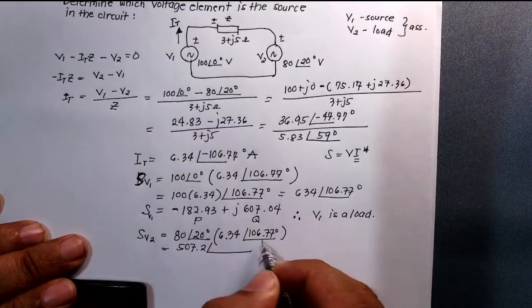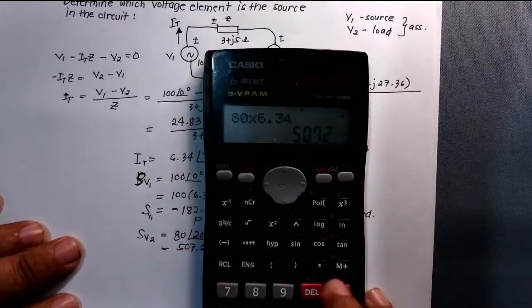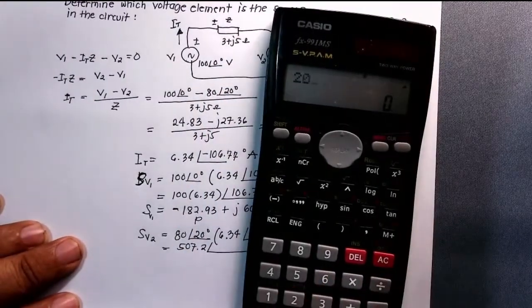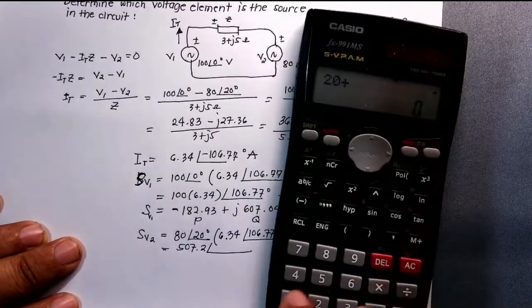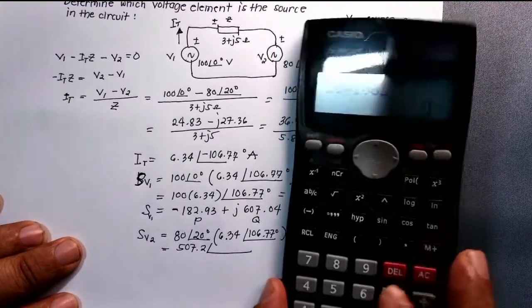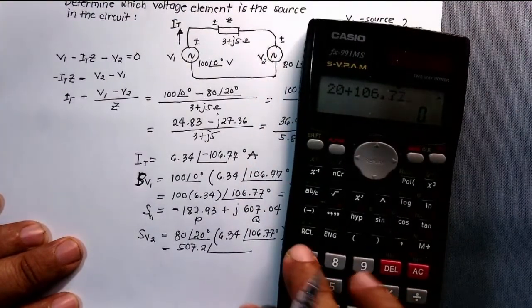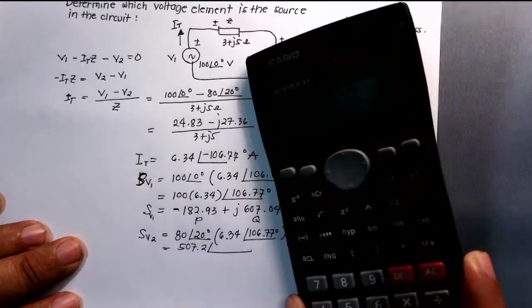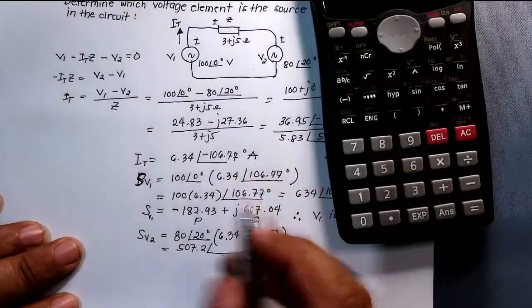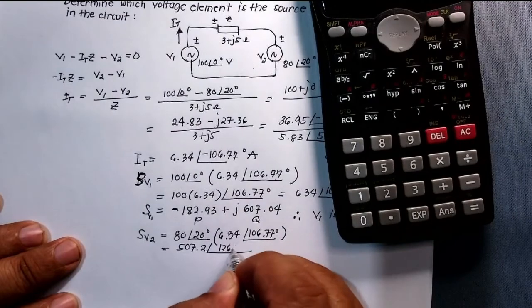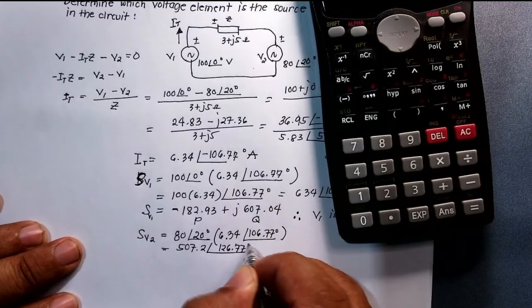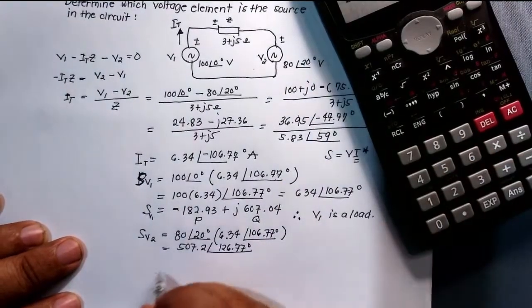I will add the angle, so that is 20 plus 106.77, and it will give me 126.77 degrees.